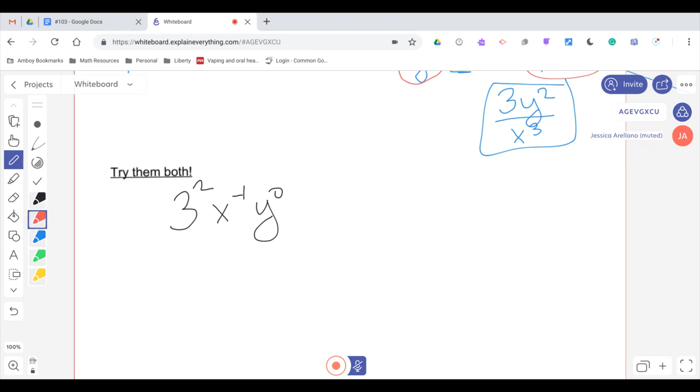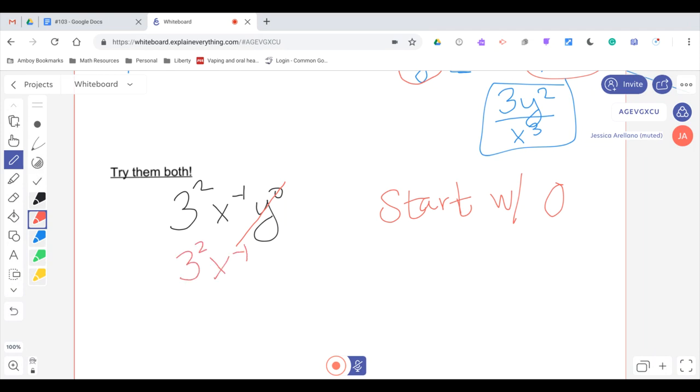Okay. I usually like to start with 0 exponents because I really can just eliminate them. So there's a first tip. Start with 0 if they have 0. Because remember, that basically means I'm multiplying by 1, so nothing happens.